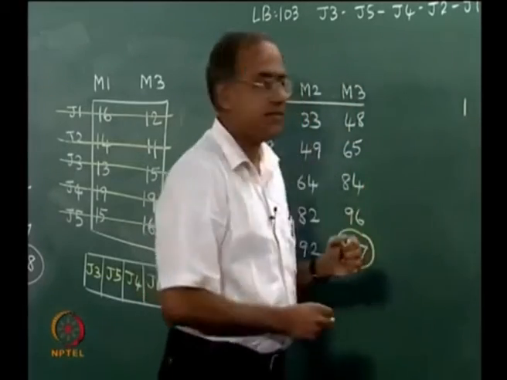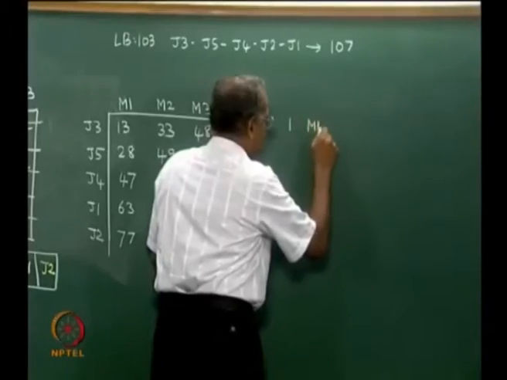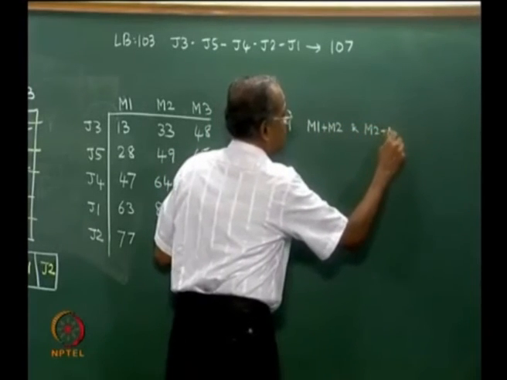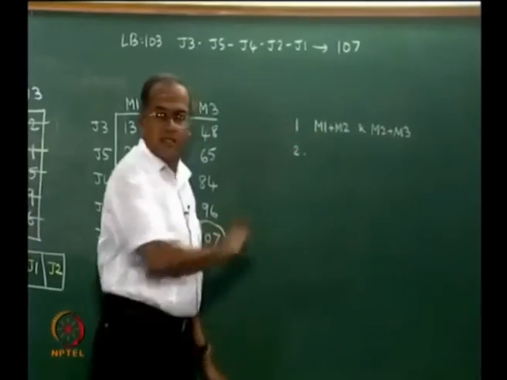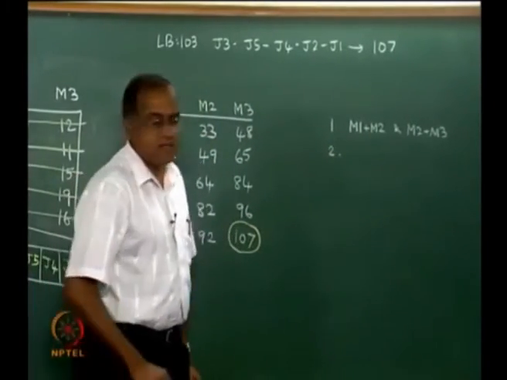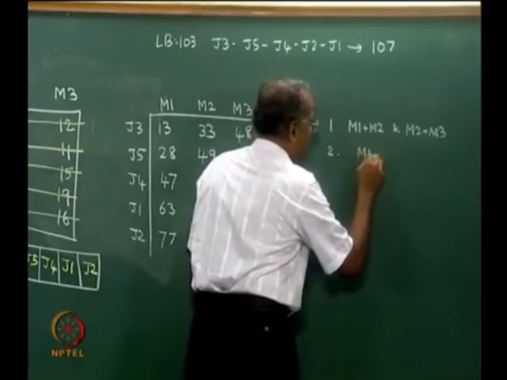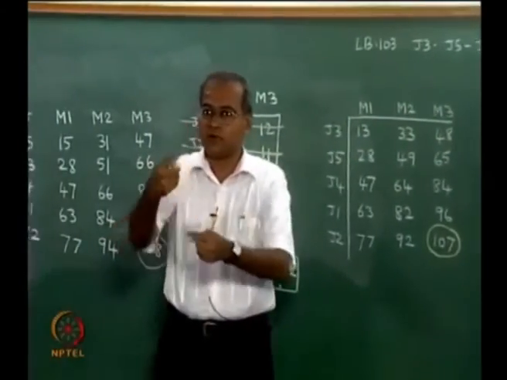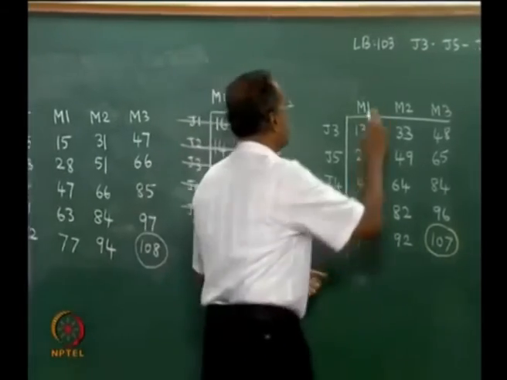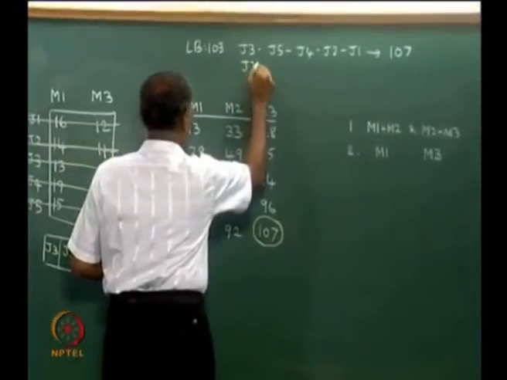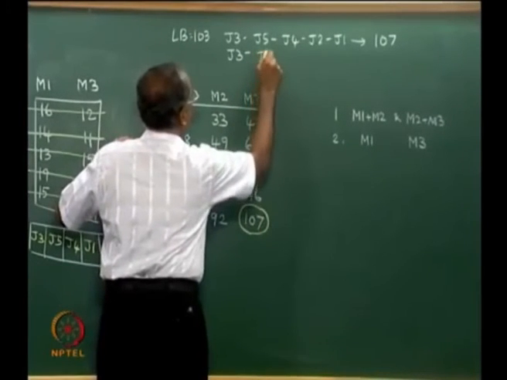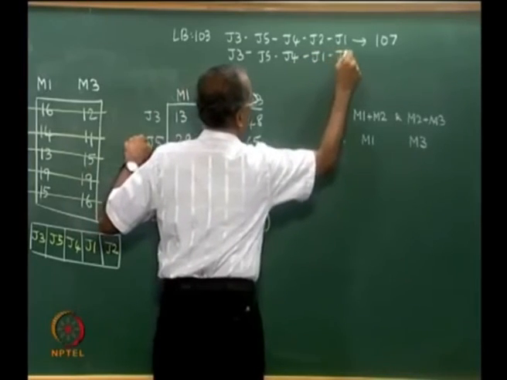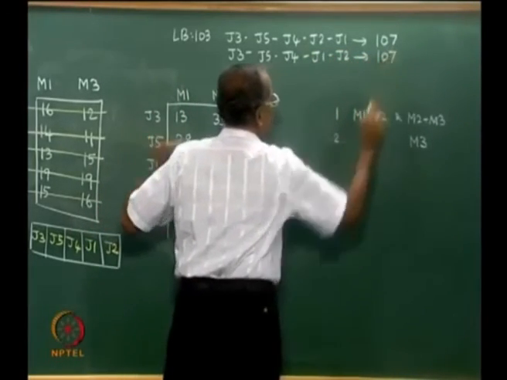The first one we did was a Johnson problem with M1 plus M2 and M2 plus M3 based on the Johnson extension. The other is we did only M1 and M3, and we took the best out of the two, and therefore we get another solution with J3, J5, J4, J1, J2 with 107 again.